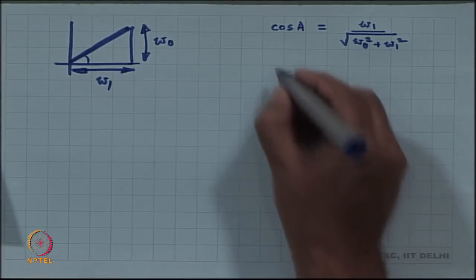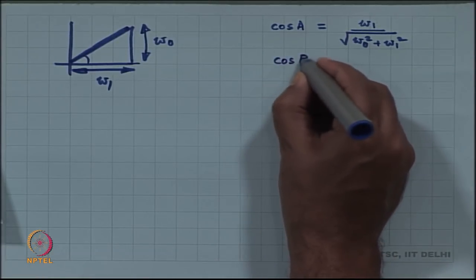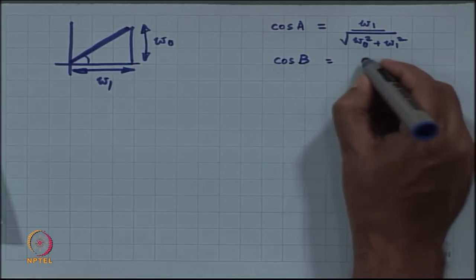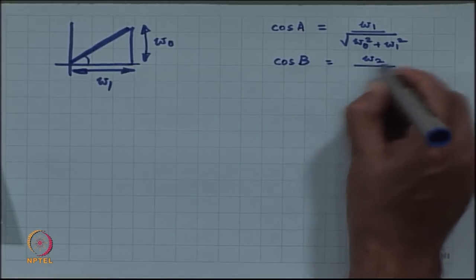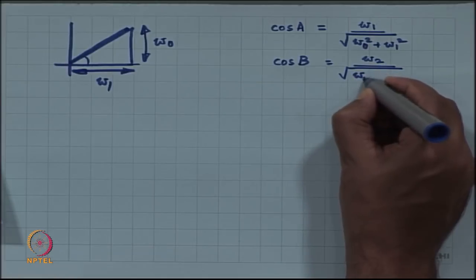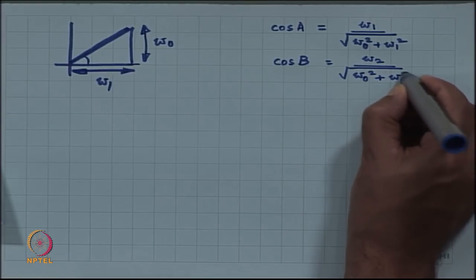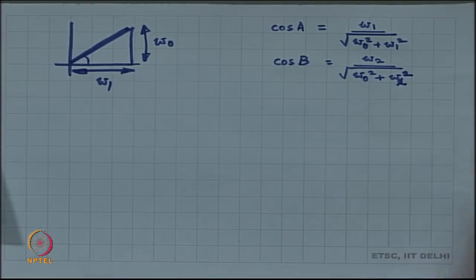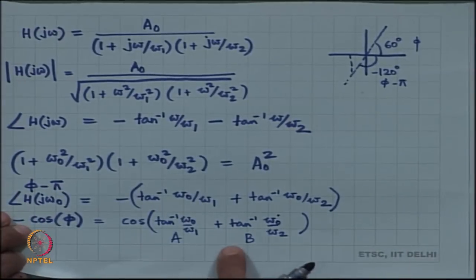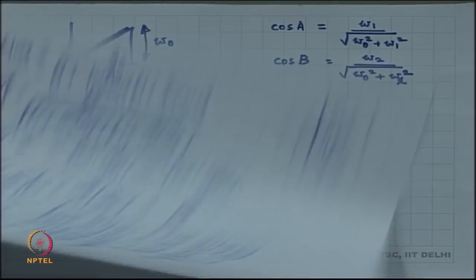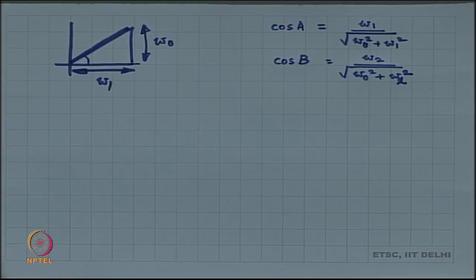And likewise, cos of B will be equal to omega 2 by square root of omega naught squared plus omega 2 squared, because B was omega naught by omega 2, right.